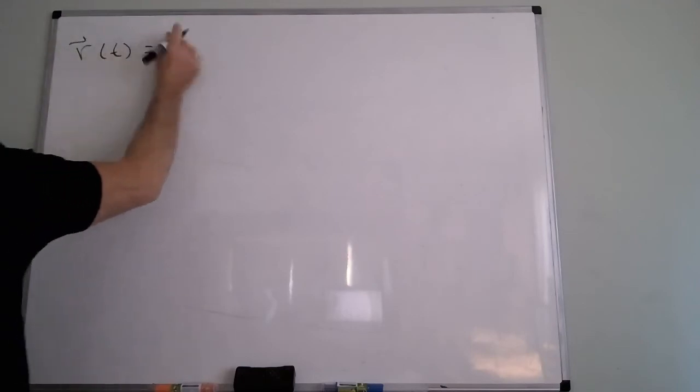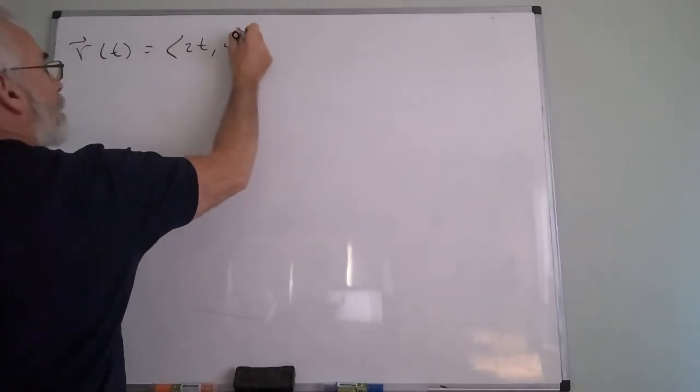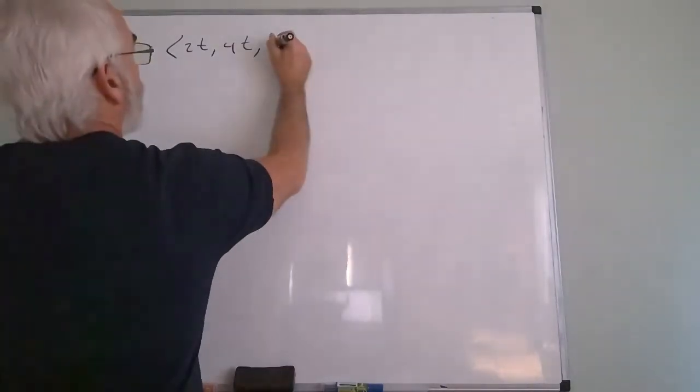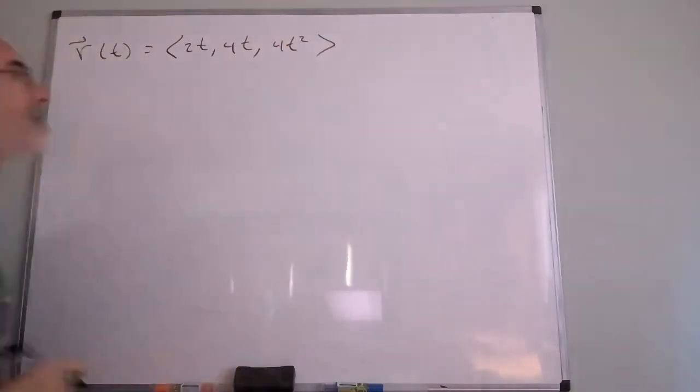Let's see. Try to think of numbers that are not going to be awful. That'll work. So let R of t be 2t, 4t, and how about let's say 4t squared.